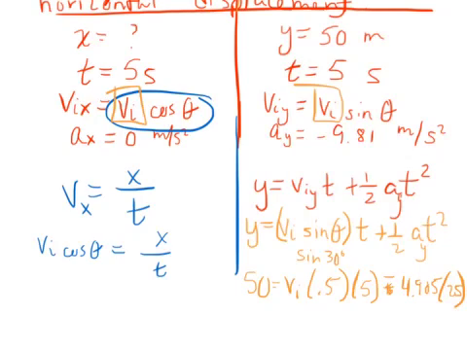Notice at the end here, I just put 25 because it's 5 squared for t squared. Again, 1/2 of the acceleration is negative 4.905. T squared is 5 squared, which is 25. Now, we would solve this equation and get vi.